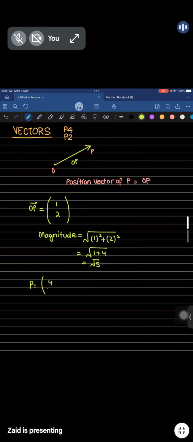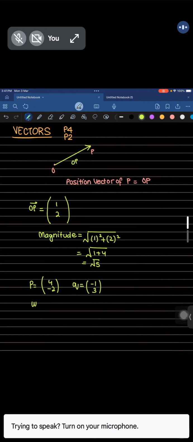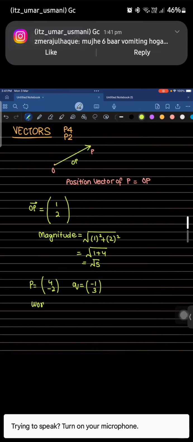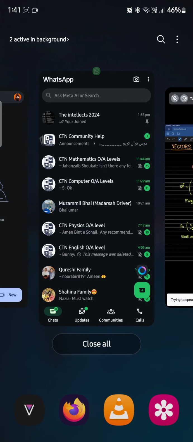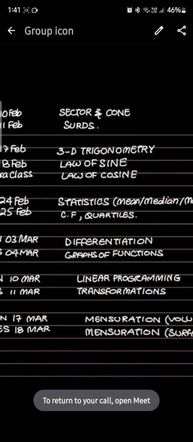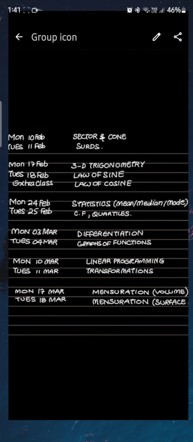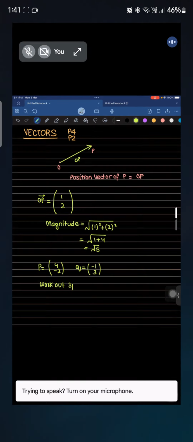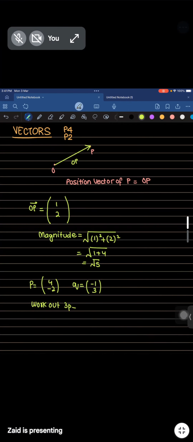P equals 4, minus 2 and Q equals minus 1, 3. Work out 3P minus Q. You have to multiply the whole vector P by 3, both the members. Let us first find 3P. 3 4s are 12, 3 2s are 6. This is 3P, and I have to subtract Q from it.